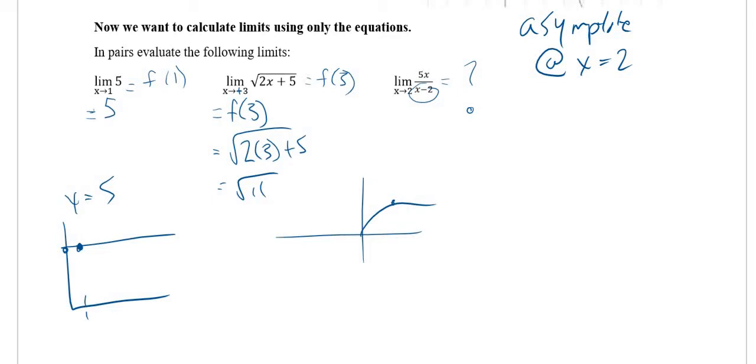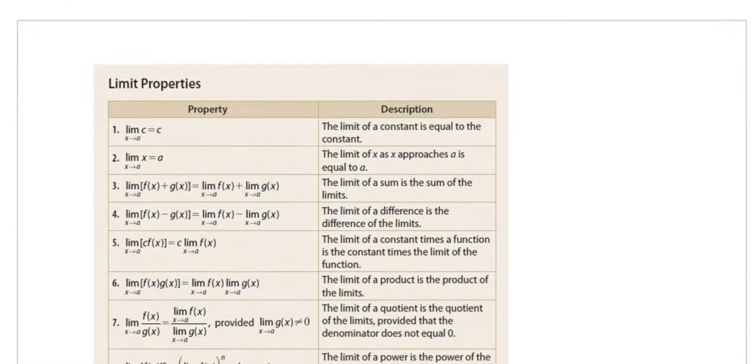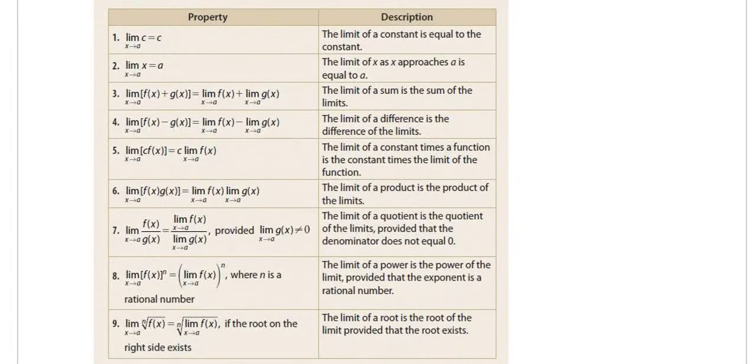So if we're looking at the limit as x approaches 2, we're not quite sure what to do here because there's an asymptote. We dealt with that a little bit graphically, but we want to see if we have better methods for that. So we're going to stick a pin in that for right now. Let's learn some algebraic methods to help us out, and maybe they can help us out a bit.